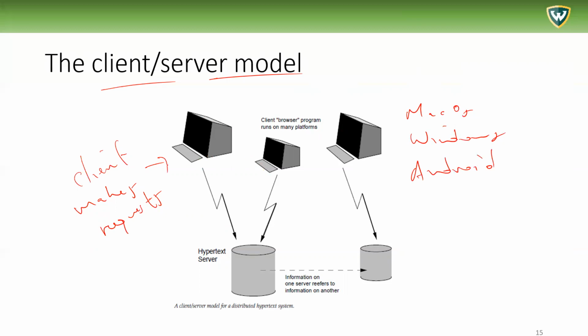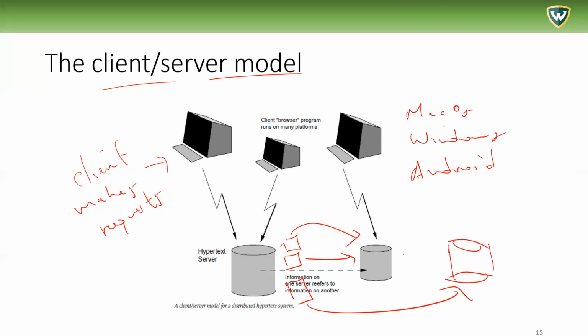Because they can make the HTTP request, they make the HTTP request to the computer that's hosting the web pages. And the beauty of all the web pages, remember, because of the hyperlink, because of the URL itself, is that these documents can refer to information on other documents, in other servers, right?